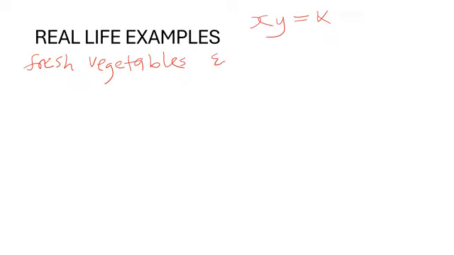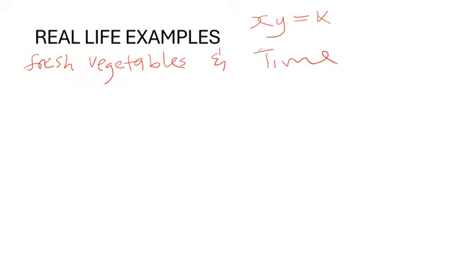Now, for the meantime, let's look at real-life examples. Two variables x and y, where the outcome remains constant. In real life, you might consider, let's say, fresh vegetables and time.